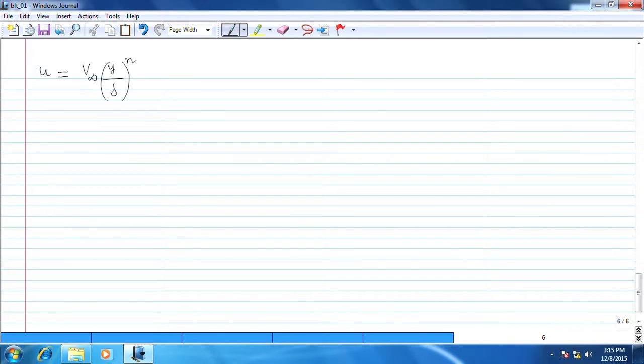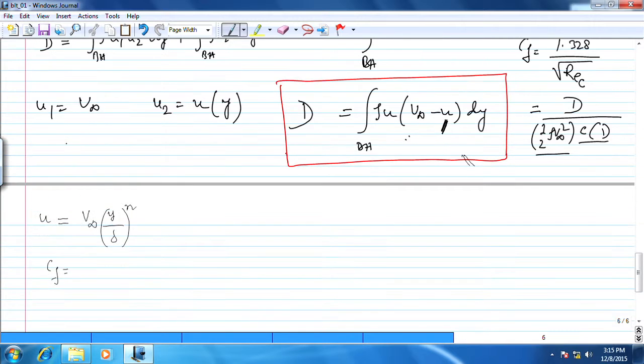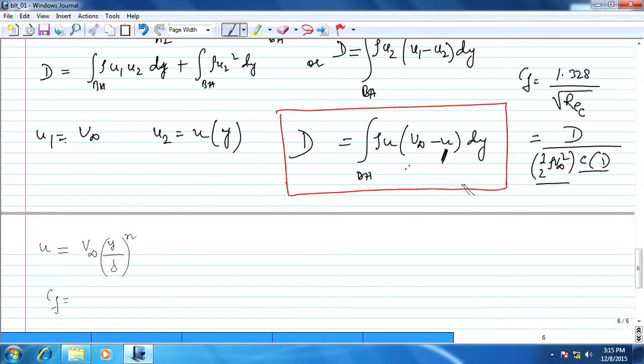So if this is the kind of velocity we are looking at, then the coefficient of skin friction, like we did earlier, we are using the same definition which we've used earlier.